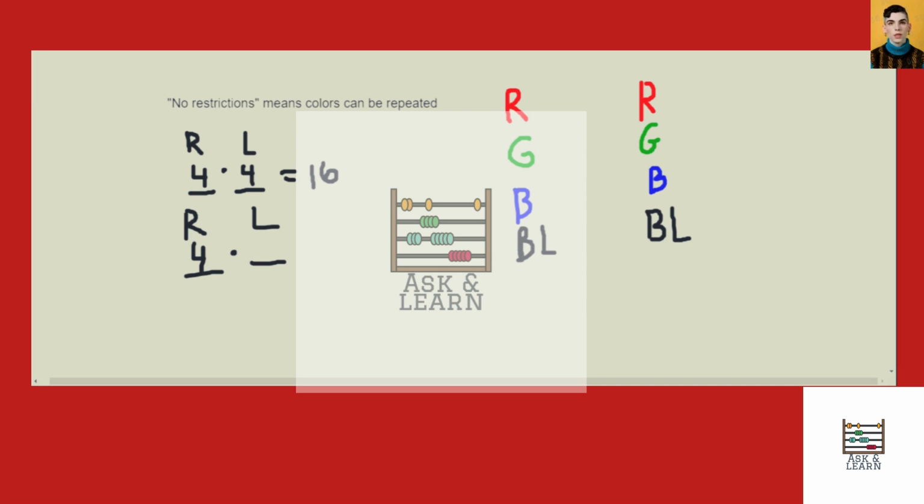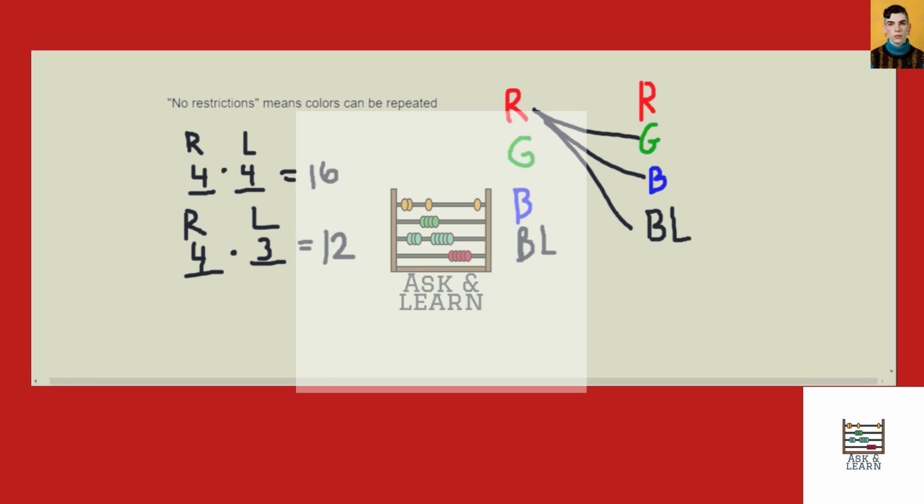For example, if he picked a red shoe for the right, then he cannot pick a red shoe for the left, but he could pick a green shoe, a blue shoe, or a black shoe. So you can see he's got 3 choices for the left shoe. So in total, he has 12 different pair of shoes he can make.